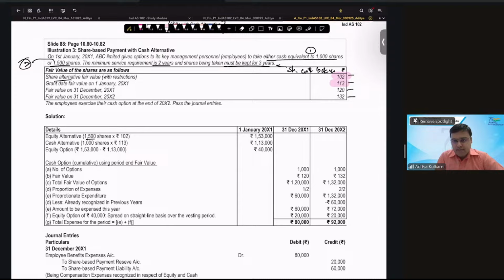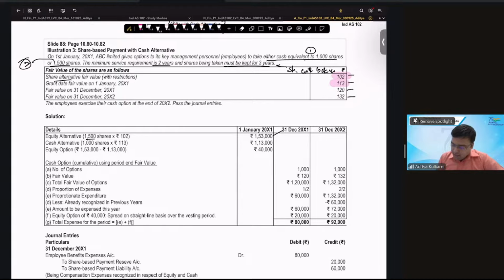Fair value with restricted alternative. Yes, those shares which you have given to your employees are with restrictions. So you cannot take the fair value. You will have to take the restrictive fair value. 1500 into 102, 1,53,000 rupees is the fair value of the equity alternative.